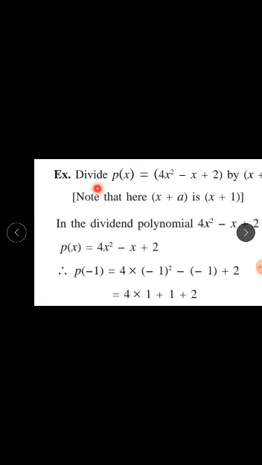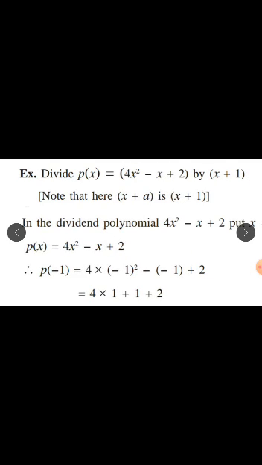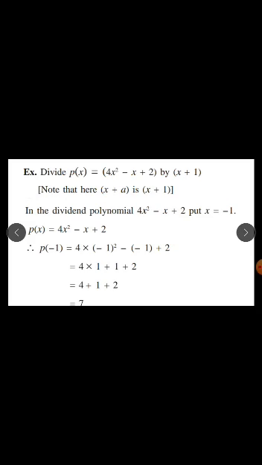Divide p of x equal to 4x square minus x plus 2 by x plus 1. Note that here x plus a is x plus 1. In the dividend polynomial 4x square minus x plus 2, put x equal to minus 1.